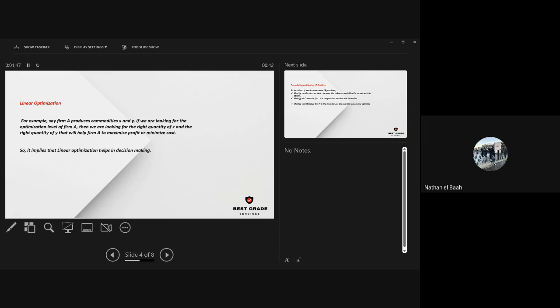So, having looked at what optimization is, in this slide, I'm going to use an example to make it very simple for you to understand.